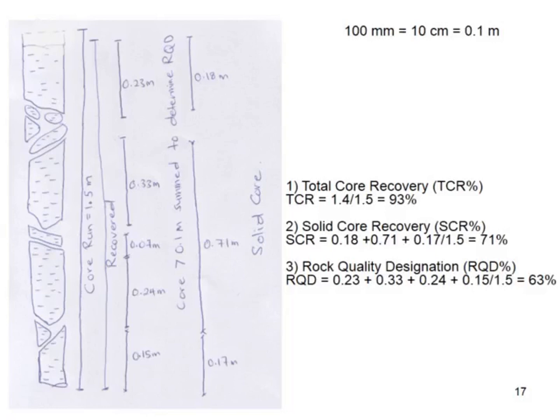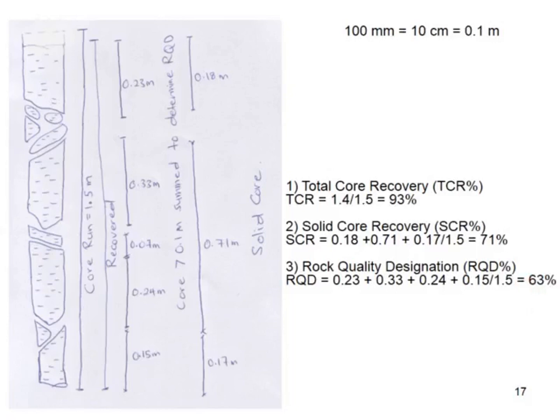For example, piece number 1 is 0.23, then 0.33, then 0.24, skipping this one because it is less than 0.1, and then 0.15. Over the total core, which is 0.5, you will get the rock quality of about 63%. It's quite simple, right?